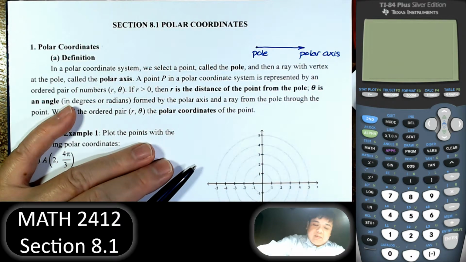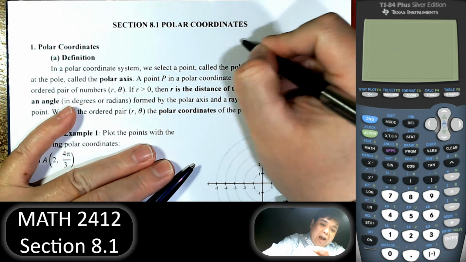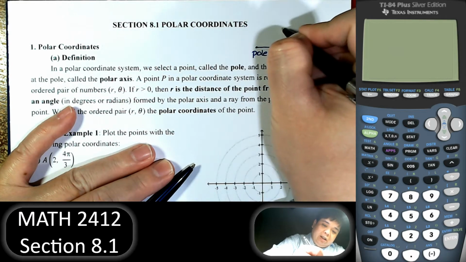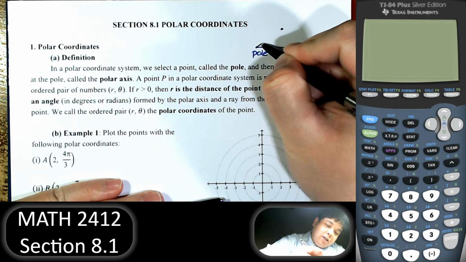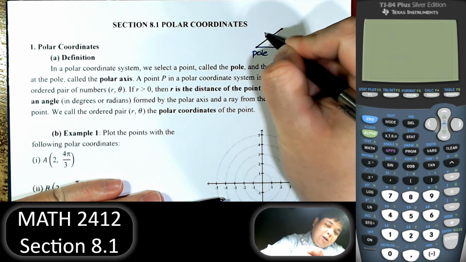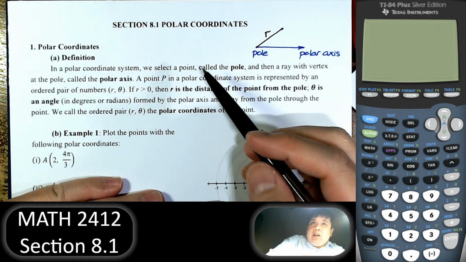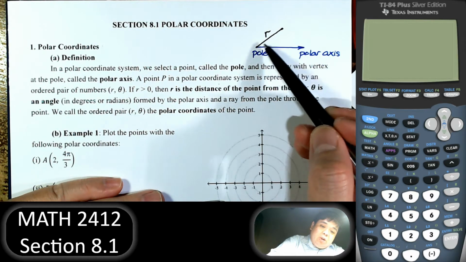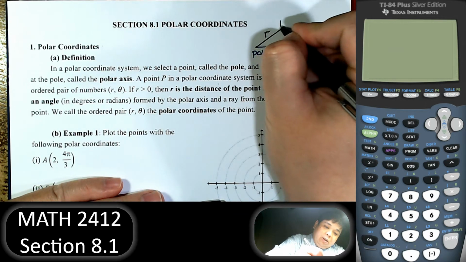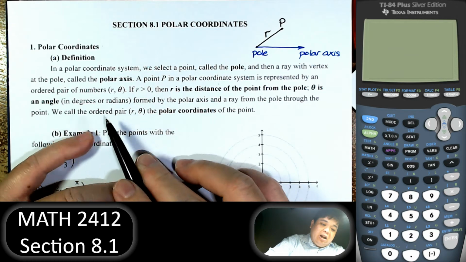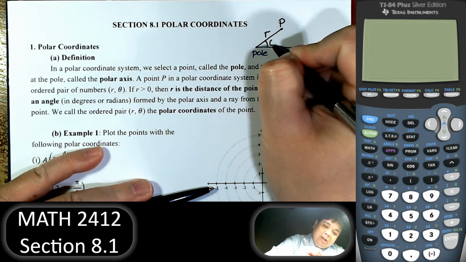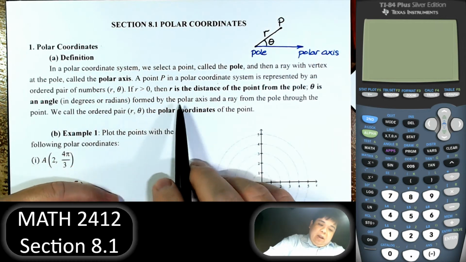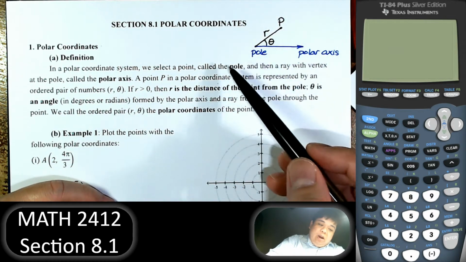And any other point on the plane will be characterized by two numbers: first, r, which if it's positive will be the distance from the pole to the point, and then theta is an angle formed by the polar axis and the ray through the point.